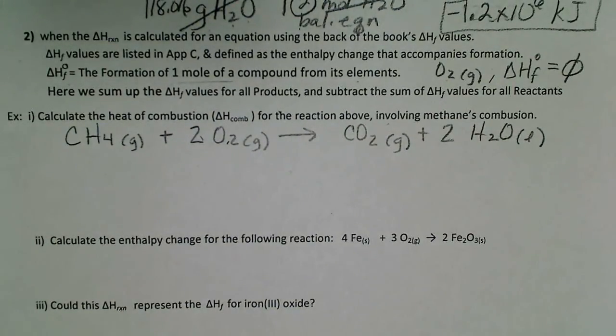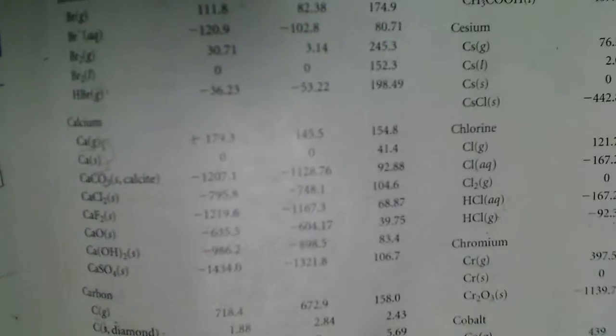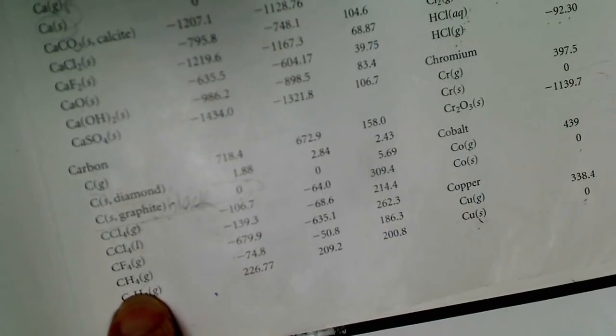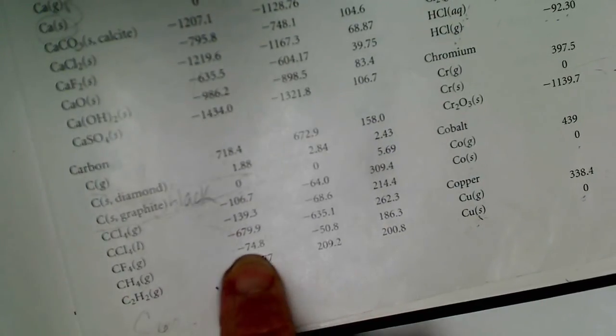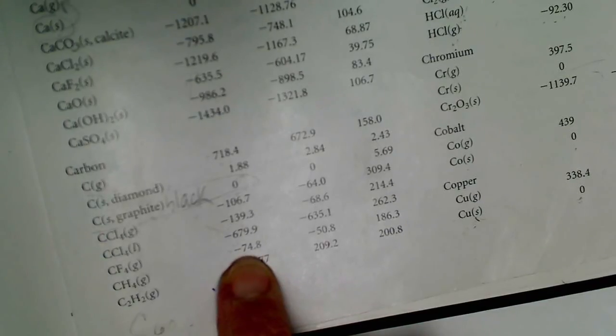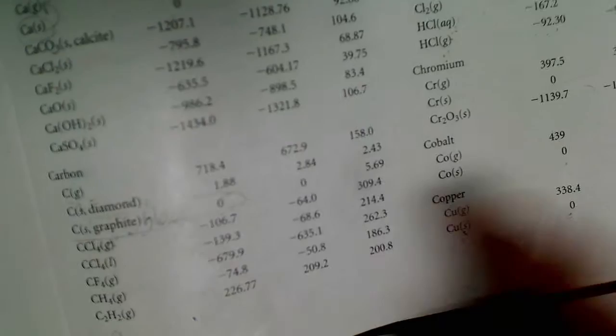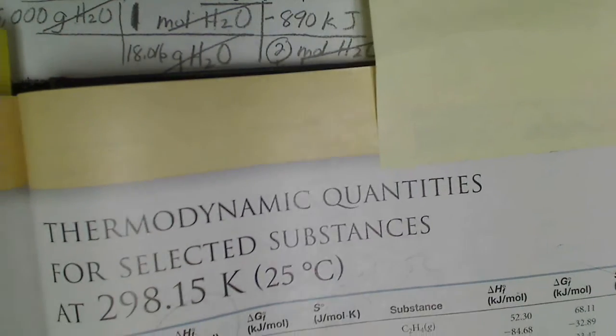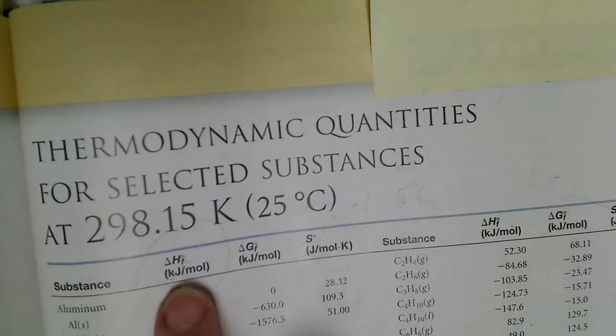So I'm going to show the back of this textbook, and we're going to find CH4 from the book. So CH4 gas, the first column gives us the delta H values, so that is a negative 74.8, and the units for those values are kilojoules per mole.